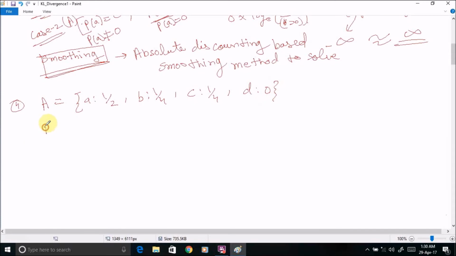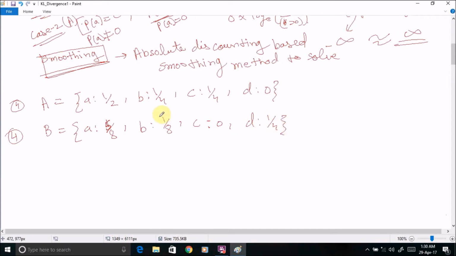Similarly, we have another probability distribution B with 4 events, where the probability of the first event is like this, the probability of the second event is, the probability of the third event is 0, and the probability of the fourth event is.